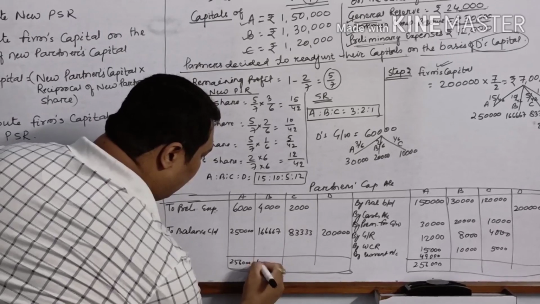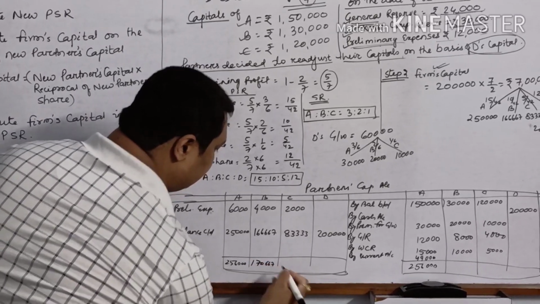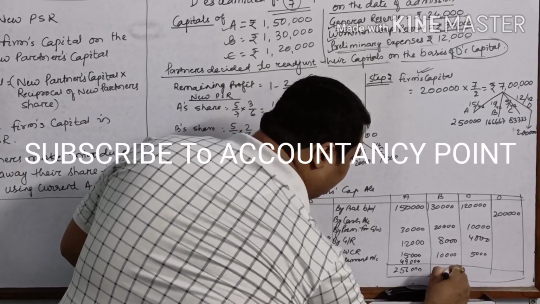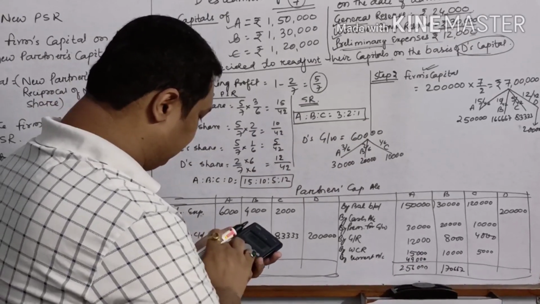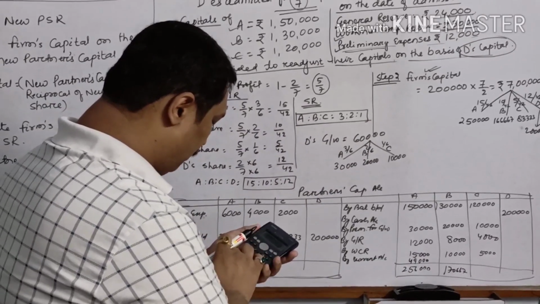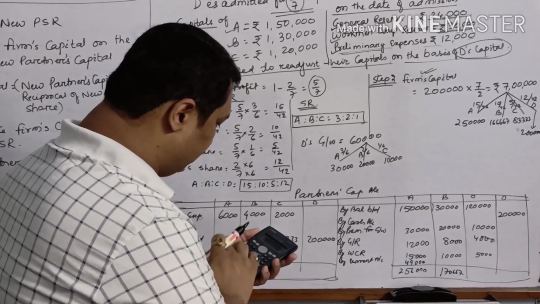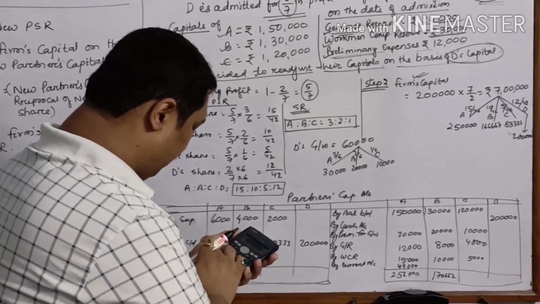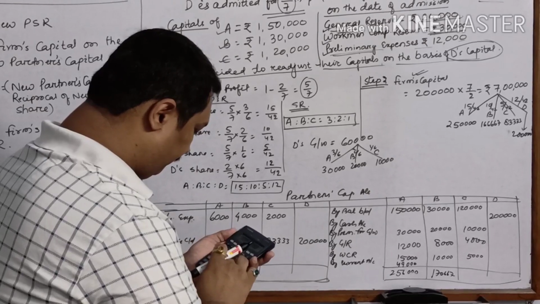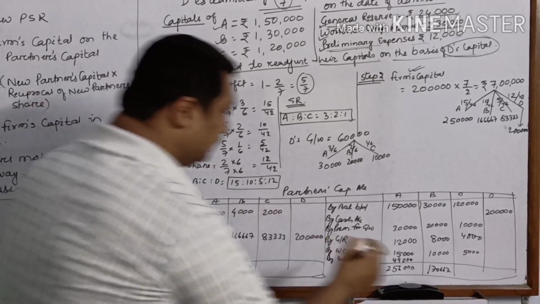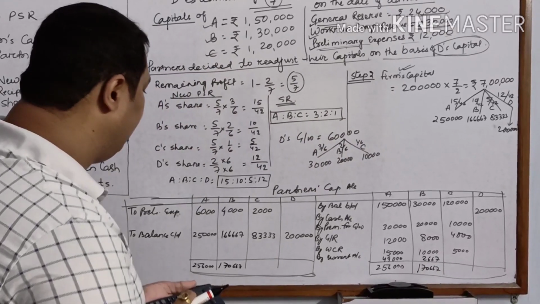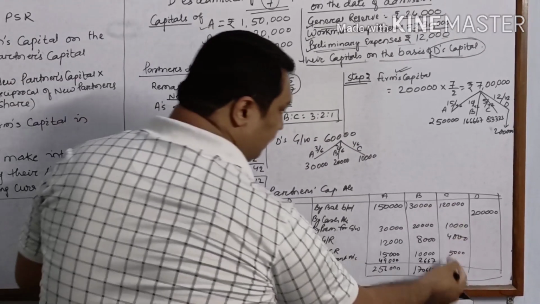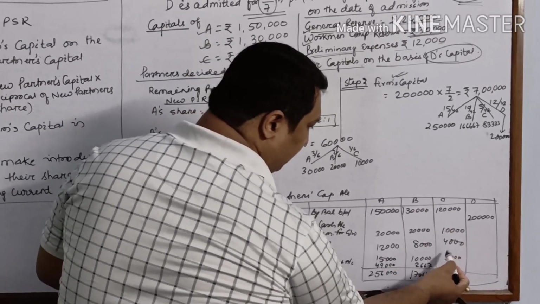This also 1,70,667. 1,70,667 minus 1,50,000 minus 18,000. That means he will also have to bring 2,667.